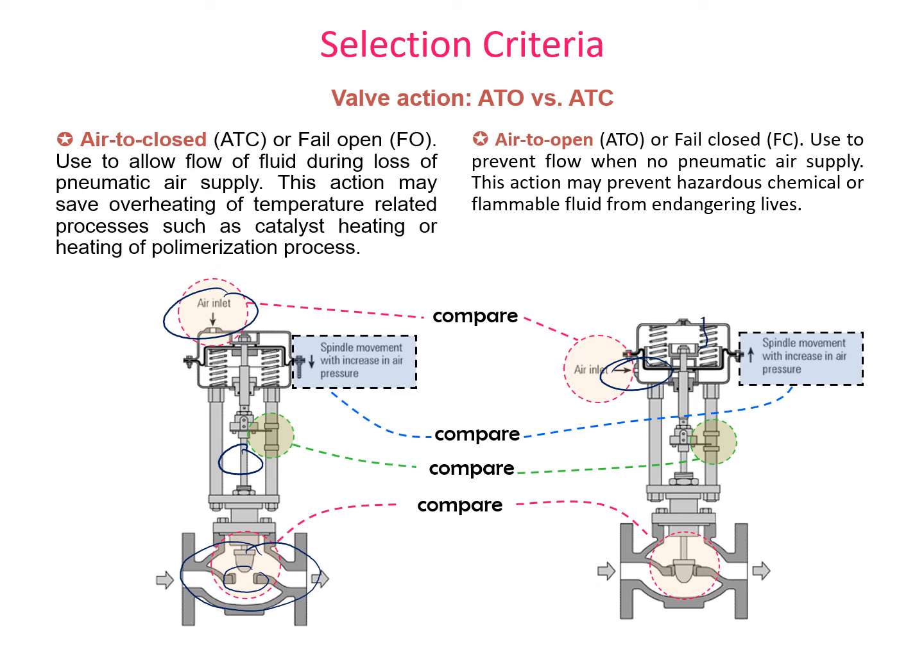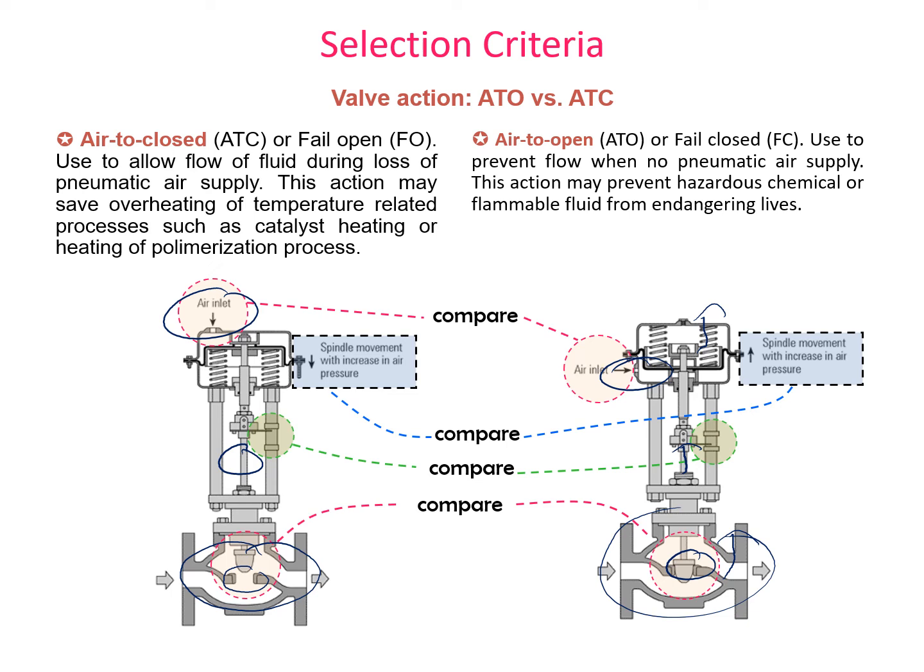When it pushes the spring up, the stem will rise also, so the seat will rise, causing the hole to open and flow through the valve. If the energy supply is cut off, no air can be fed into the valve, so this valve will remain at this position, which is fully closed.